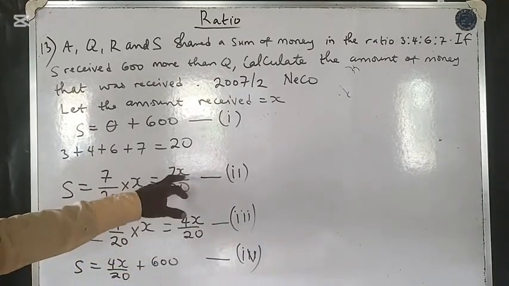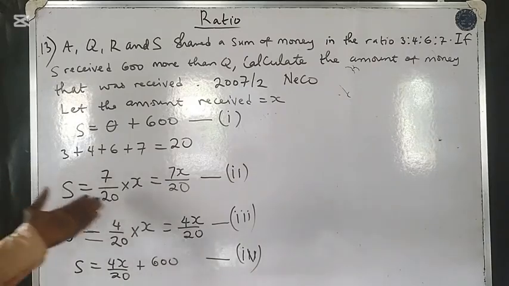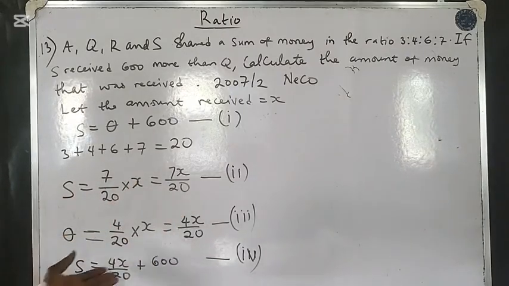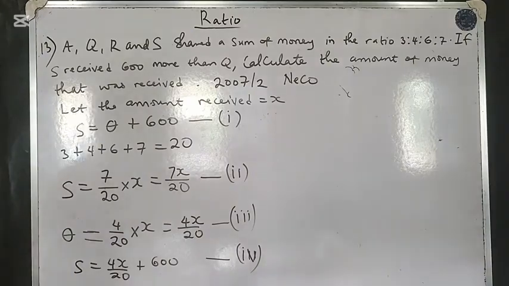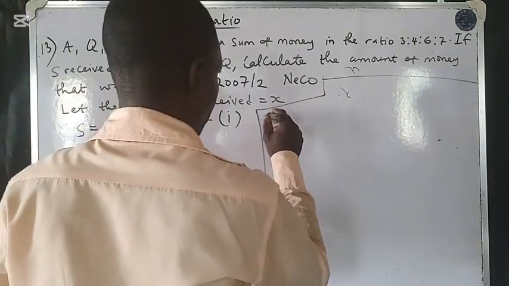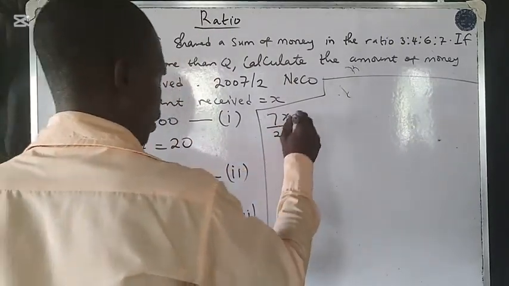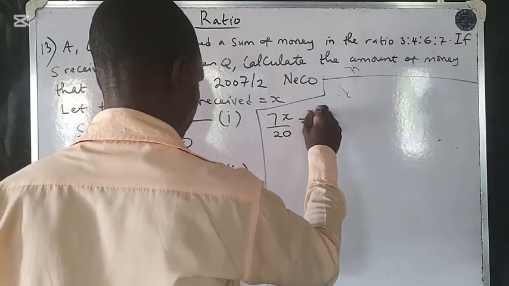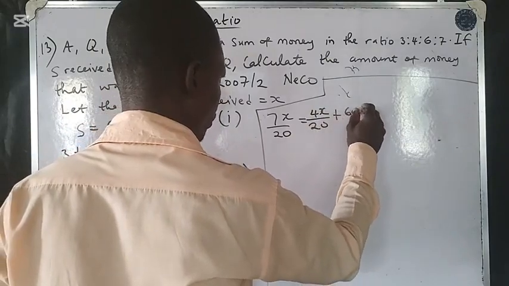So let's equate these two values. We have 7x over 20 equals 4x over 20 plus 600.